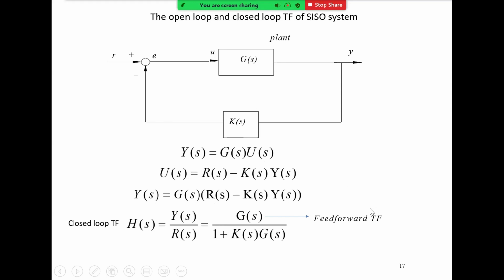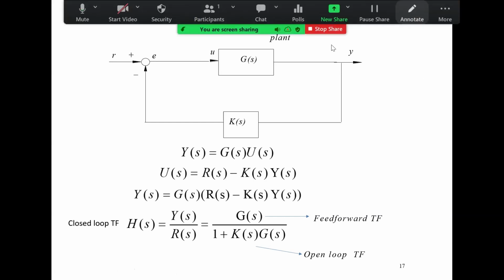And G is called the feed-forward transfer function, which means if there is no feedback. Now this K times G is the open loop transfer function, right? Then you may say, why do we call it open loop? We have a closed loop, right? The open loop means you make it open.